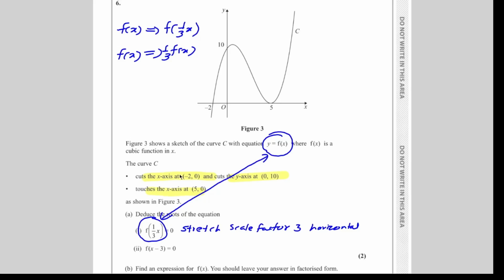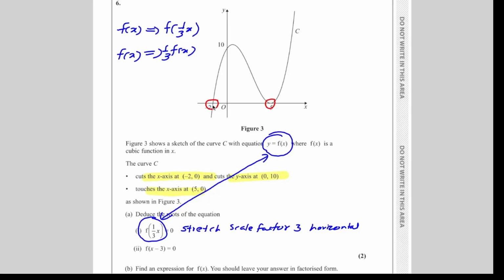So let's see how to do it. Now, this is the coordinate. Deduce the roots of the equation f of 1/3 of x. You should know what roots are. Let's say that this is a root and this is a root. Roots are where the curve cuts the x-axis or touches the x-axis.